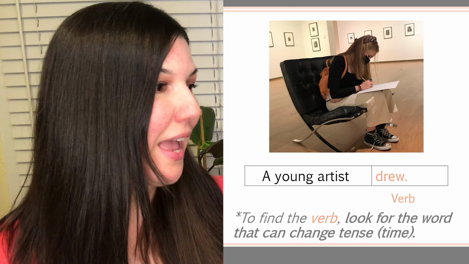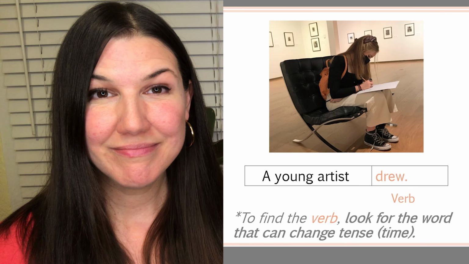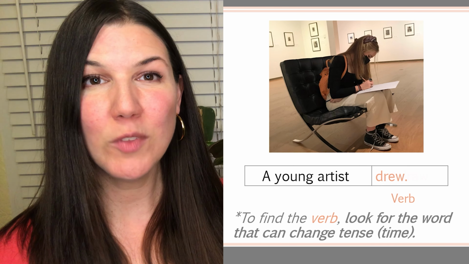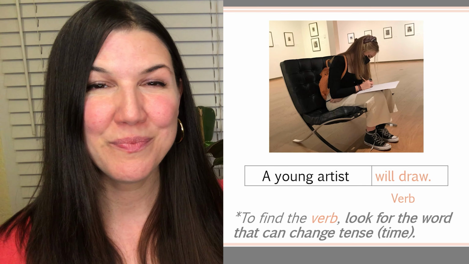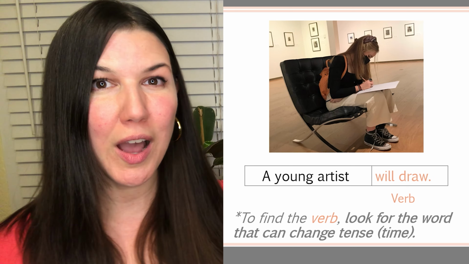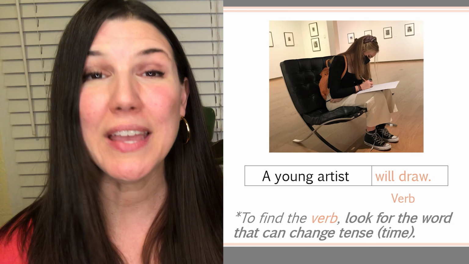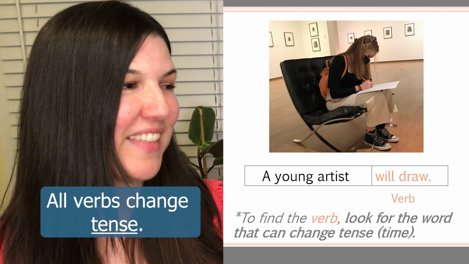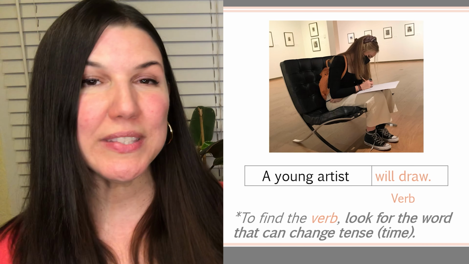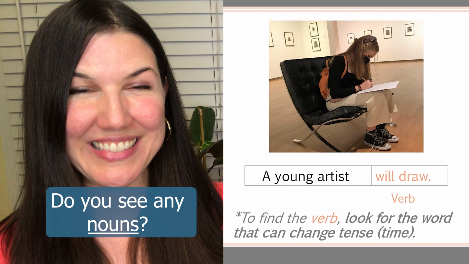We can also say she drew in the past. Or we can say will draw in the future. So draw, will draw, is drawing. This is our verb because it changes tense. Very good. And now I want to know, do you see any nouns in the sentence?